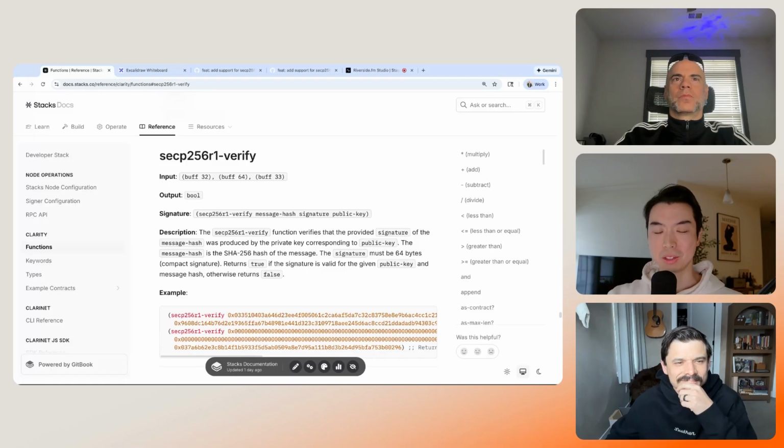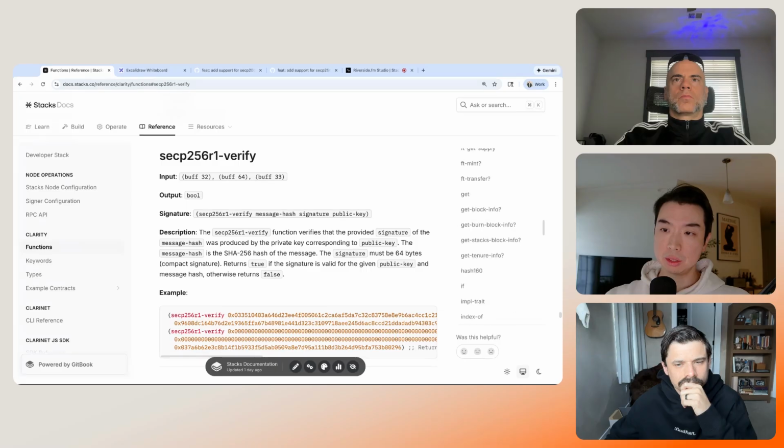But yeah, so Joey, give us a high-level overview, or let me back up a little bit. This Clarity function verifies a signature that used this particular curve, secp256r1. Now, Clarity already has a verify or recover method for another crypto curve, and that crypto curve is called secp256k1.